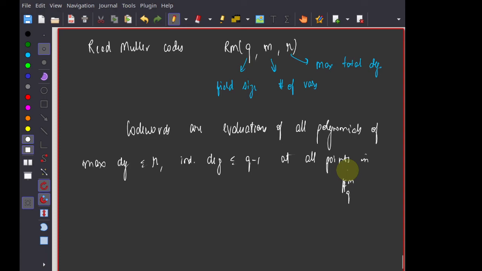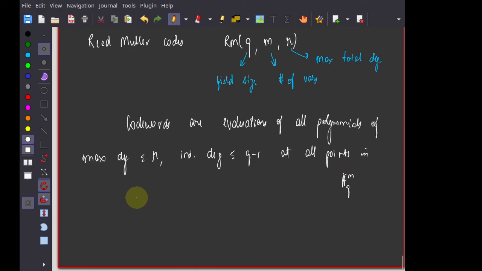So what is n in this case? It's not for any arbitrary n, right? A particular code word is obtained by taking one polynomial, let's say a message polynomial, and evaluating it at all possible points, right? So n, what should n be? How many points are you evaluating at?